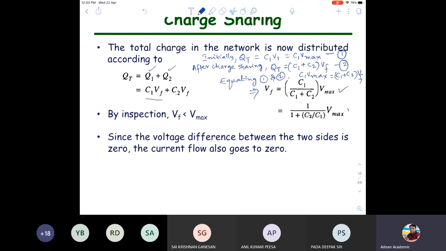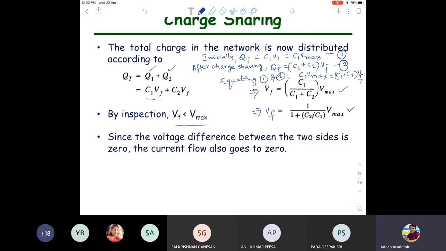Or you can write it the other way, by dividing the numerator and denominator by C1, to get the alternate form. Now, by inspection of this equation, we see Vf is less than Vmax. It should definitely be, because Vmax is the voltage stored in the first capacitor. When the second capacitor is switched on through a pass transistor, the Vmax will come down and the voltage across the second capacitor gets increased.